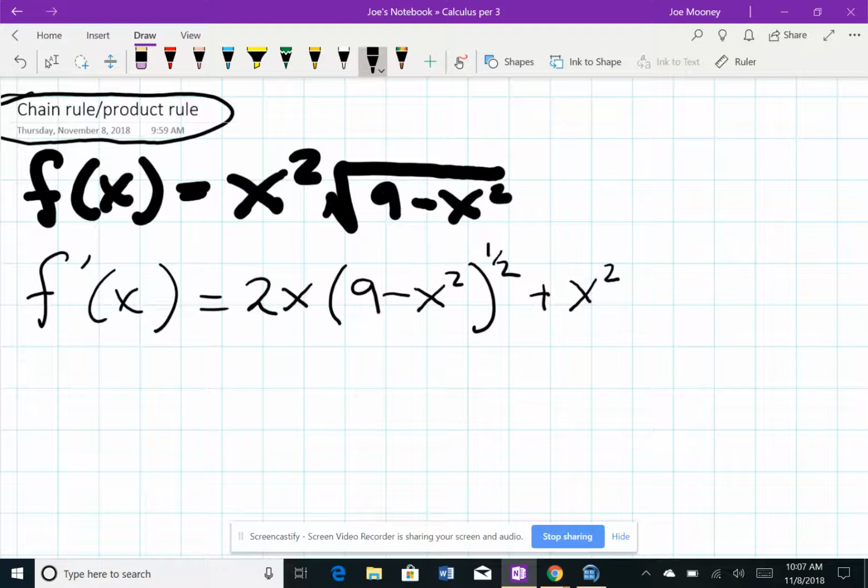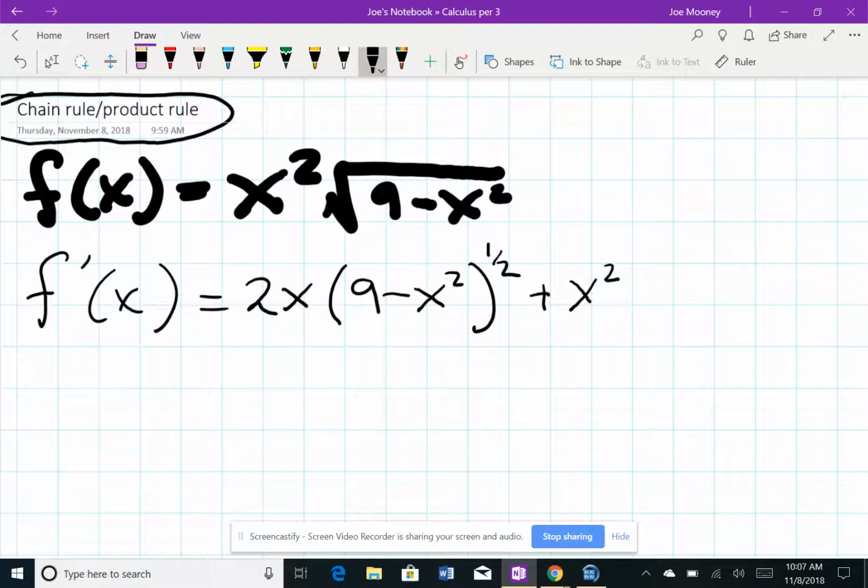Now, the derivative of the second requires the chain rule, because it isn't just square root x. So to reiterate, the chain rule is you derive the outside, leaving the inside alone, times the derivative of the inside. So let's go ahead and do that. I'll make sure you're seeing it as we're doing it.